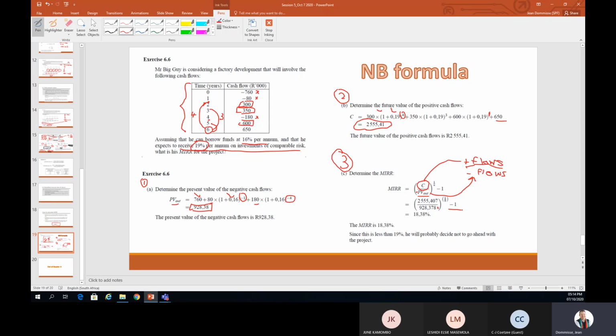I'll check if there's a way to do this on the calculator, but I don't think so. I just maybe want to play around with it, but it's not an easy one to do with a calculator.